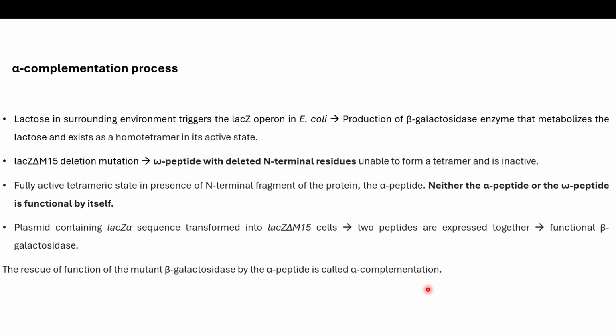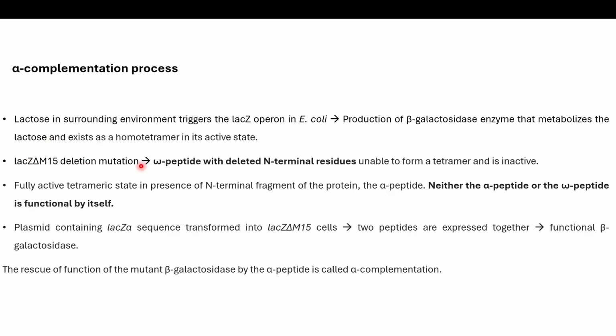In the same way we have the alpha complementation process, where lactose in the surrounding environment triggers the lac operon in E. coli, which leads to the production of beta galactosidase, and this enzyme metabolizes lactose. I think it is the same slides from the previous tutorial session.